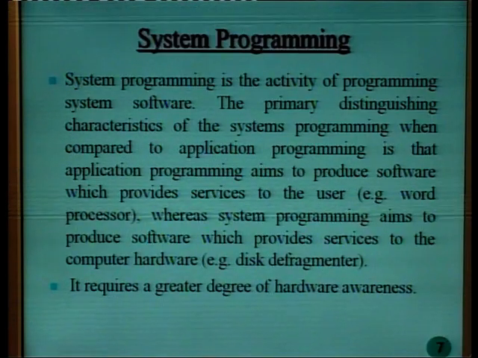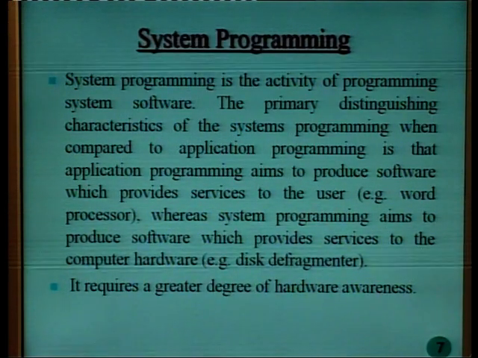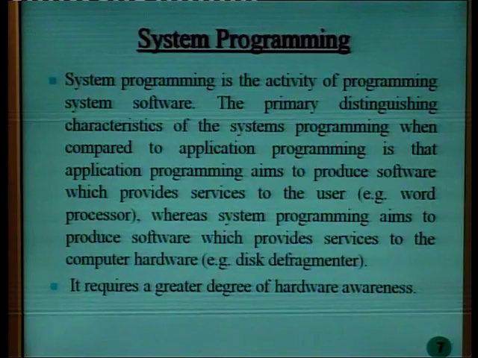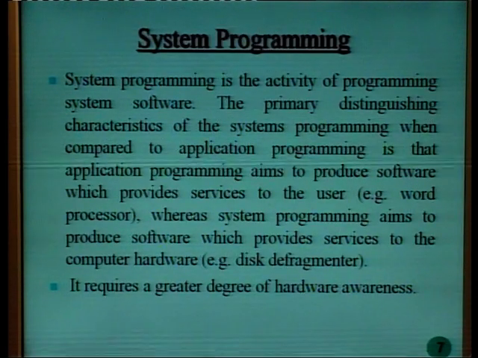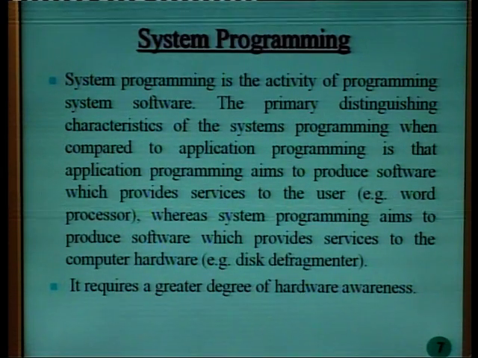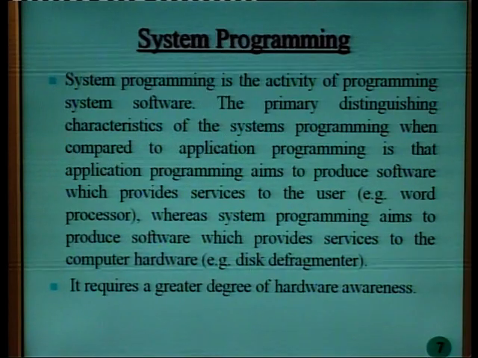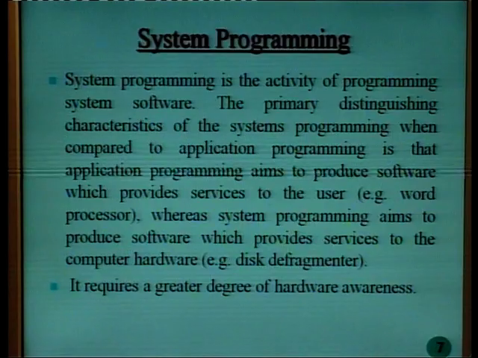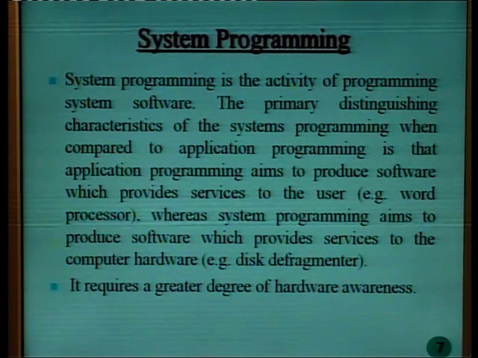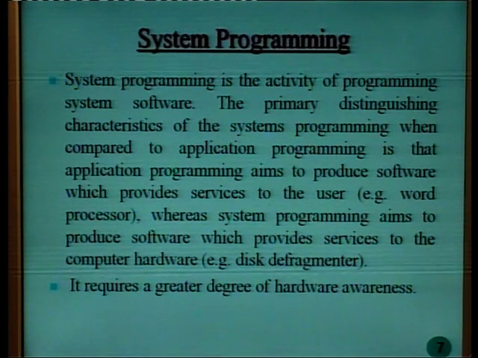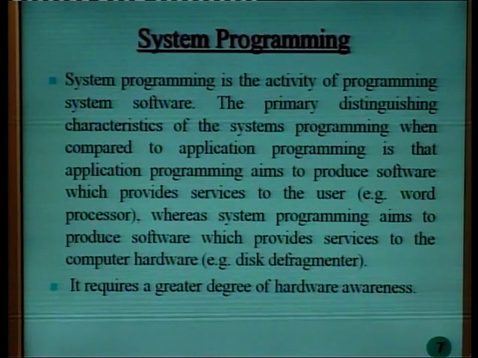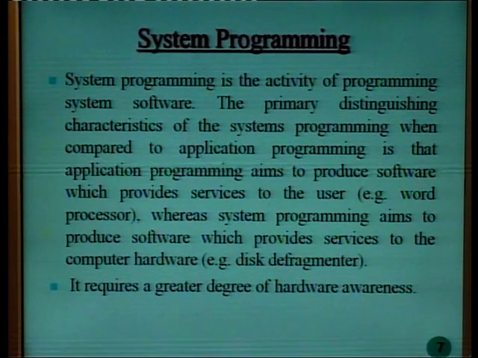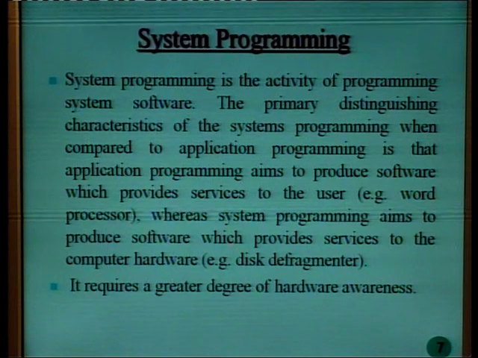All these are applications designed for a specific purpose, whereas system programming aims to produce software which provides services to the computer hardware, so that it assists the hardware of the computer system. For system software we need a greater degree of awareness of the hardware of the system.